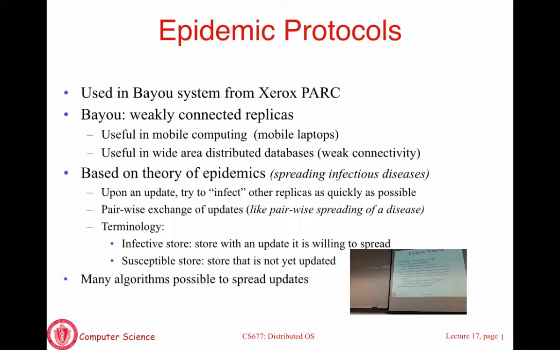Now, in today's applications, eventual consistency is implemented even in scenarios where machines are not weakly connected, simply because it's a very inexpensive and easy protocol to implement. Although it was designed for a scenario where it was hard to provide any guarantees, today it's implemented in any arbitrary system.